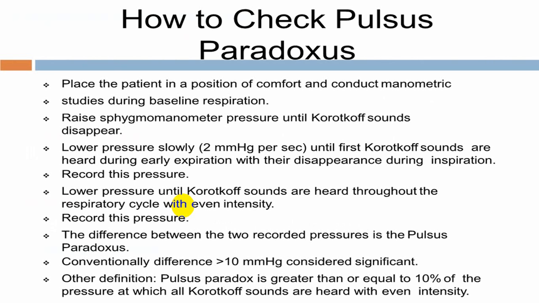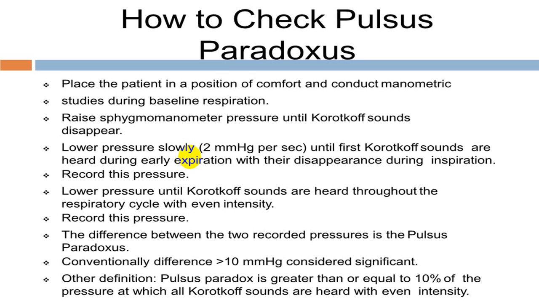Invariably, a short note is asked on pulsus paradoxus. So there are two methods of demonstrating pulsus paradoxus. One is by blood pressure recording. So you record the blood pressure. If you are taking a blood pressure during inspiration, slowly the pulse disappears. So there is a fall of blood pressure during deep inspiration, and the fall will be more than 20 millimeters of mercury.